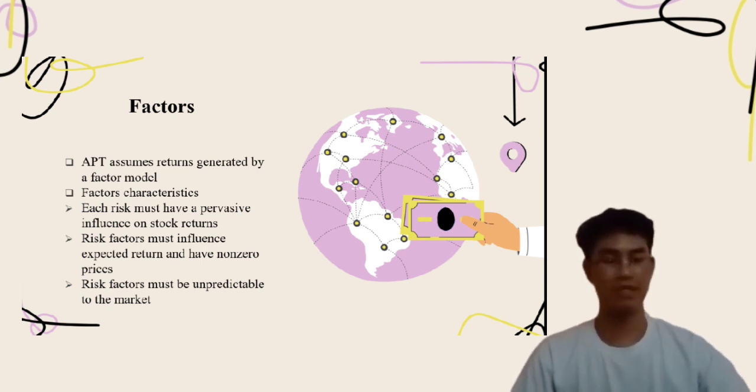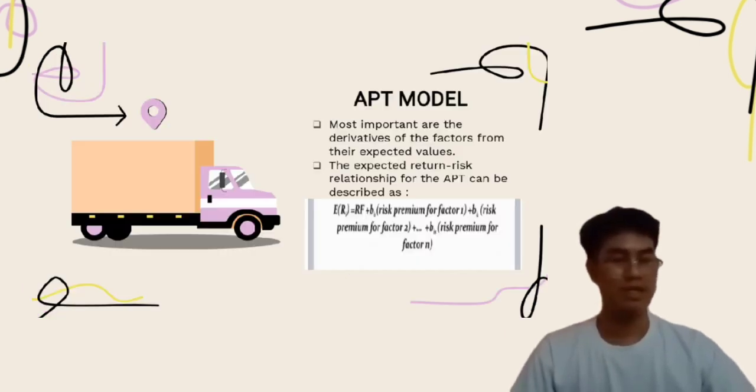The expected return-risk relationship for the APT or arbitrage pricing theory can be described as ER equals risk premium for factor 1 plus risk premium for factor 2 and plus risk premium for factor n.